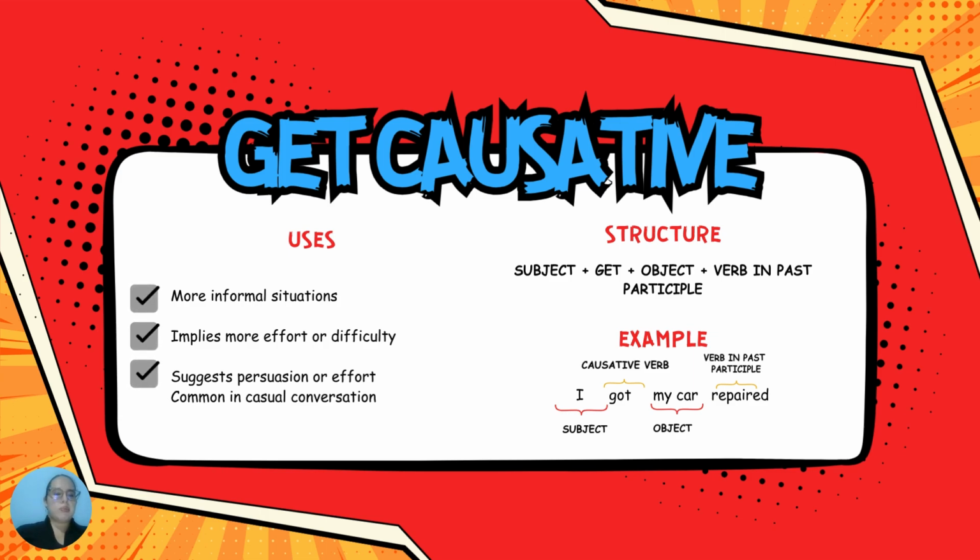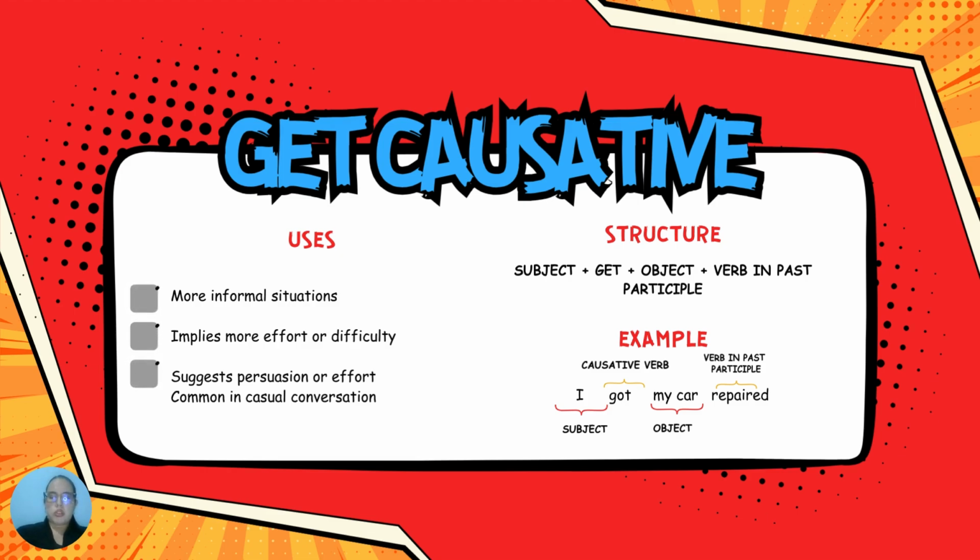This is very common in casual or informal conversation. The structure is the same. The only change is the causative verb, because in this case we use get as a causative verb.